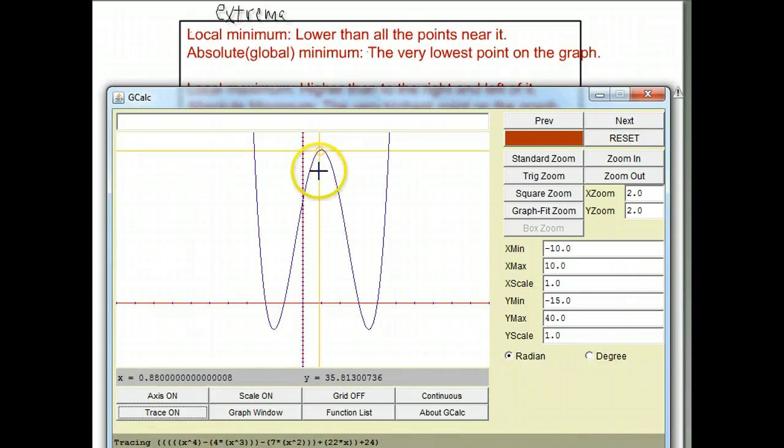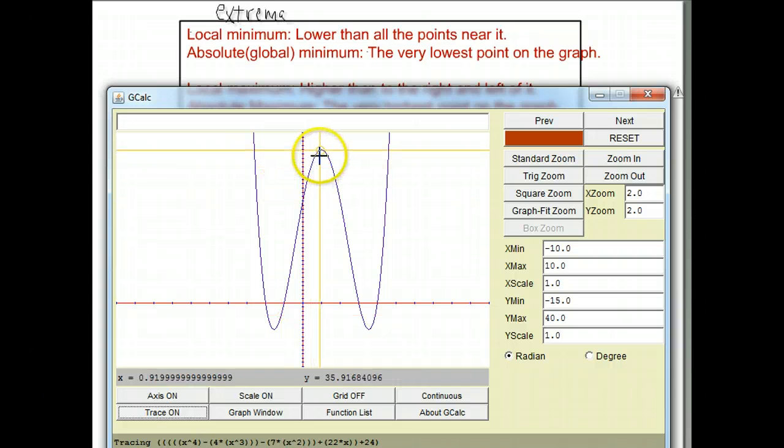Now so far they count as local minimum and local maximum here. What would make them an absolute maximum or minimum is if they are the very lowest point on the graph or the very highest. Now notice my maximum point up here. It continues going upward, the graph does.